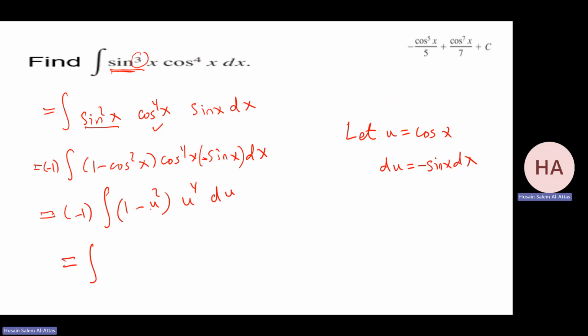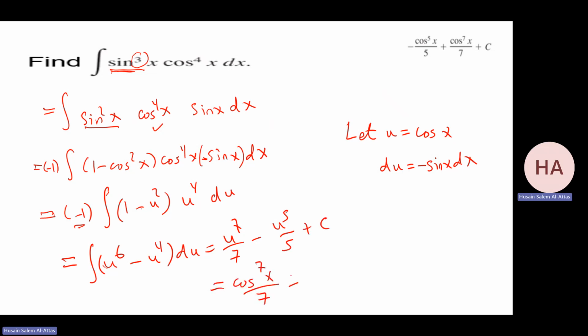And that is what? u to the power 4 minus u to the power 6. The minus times this gives u to the power 7 over 7 minus u to the power 5 over 5 plus c. And what is u? It's cosine. So cosine to the power 7 x over 7 minus cosine to the power 5 x over 5 plus c.